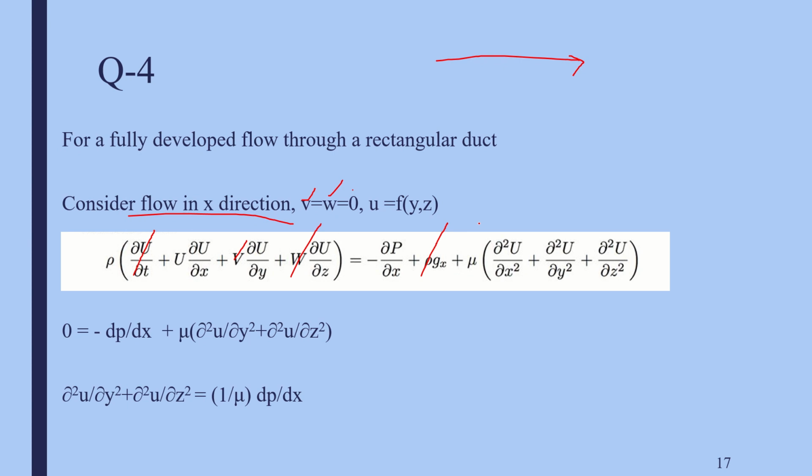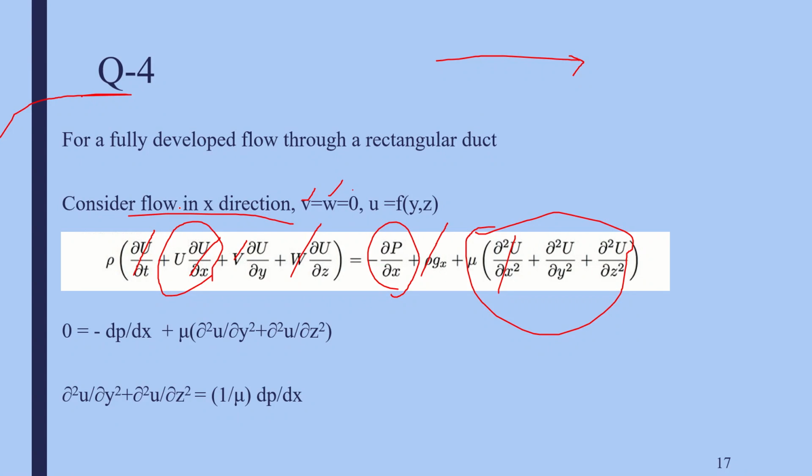And what are we left with? Since u is a function of y and z and not a function of x, ∂u/∂x is 0, and ∂²u/∂x² is also 0. On the left-hand side everything has become 0.